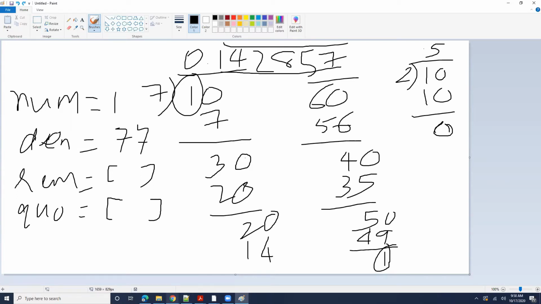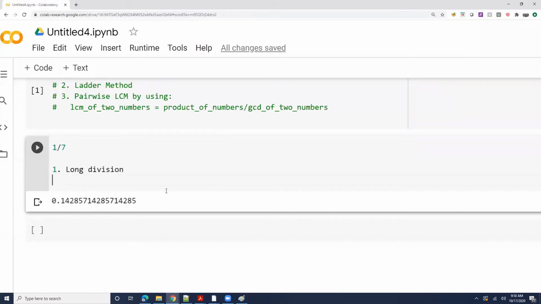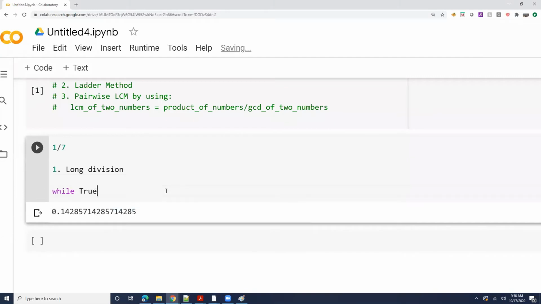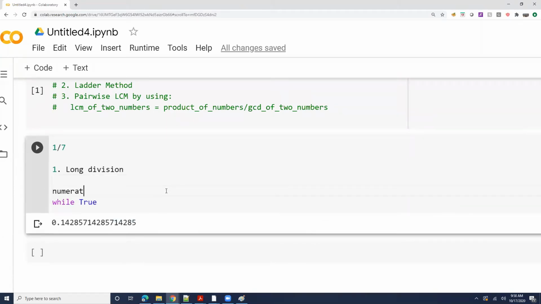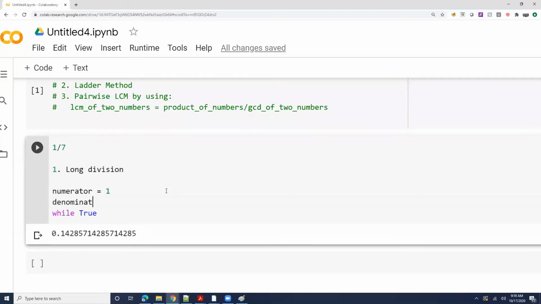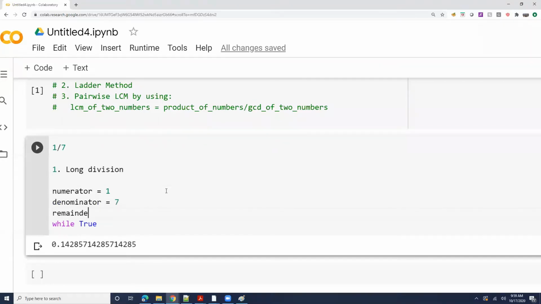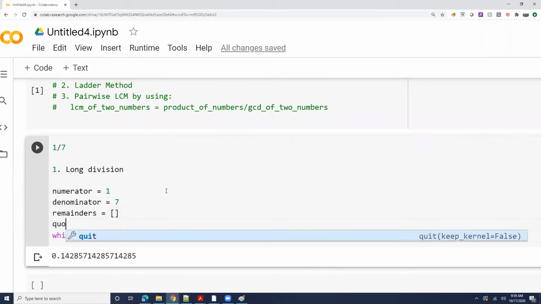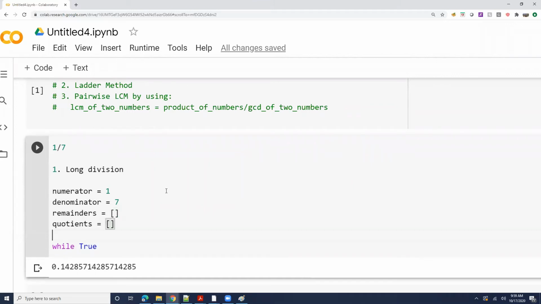Let's try. I'll not give the entire solution. We'll just go over high level. So numerator equal to 1, denominator equal to whatever. So in this case, we'll start with 7. Remainder is a list. Quotient is a list. And I'll also say is repeating as a flag, and I'll say false.